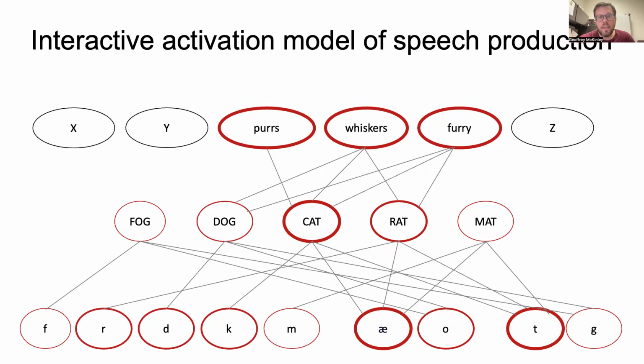So if the neural network makes an error, a speech error, so to speak, then it's more likely to say rat than dog, and that's simply because rat and cat share phonemes. They have phonemes in common, and because phonemes can determine or have an influence on what words actually get selected, as a result, you're more likely to say rat than dog, right?